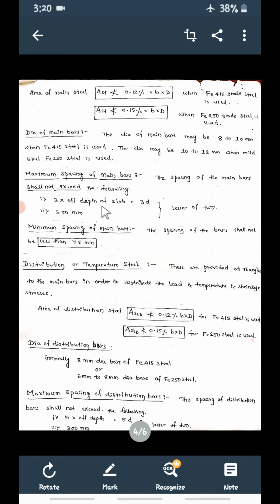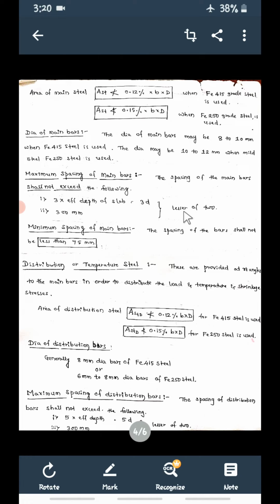Then the minimum: minimum spacing of main bars in slab shall not be less than 75 mm. Out of the two maximum values, whichever is less will be the maximum spacing. Beyond that, we cannot provide.